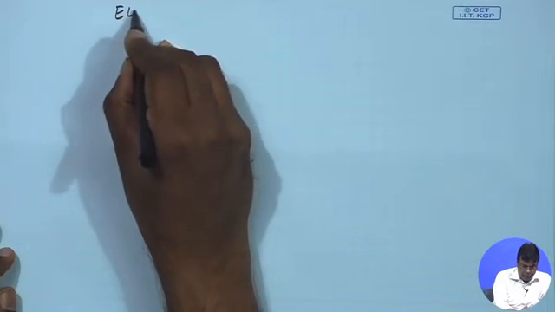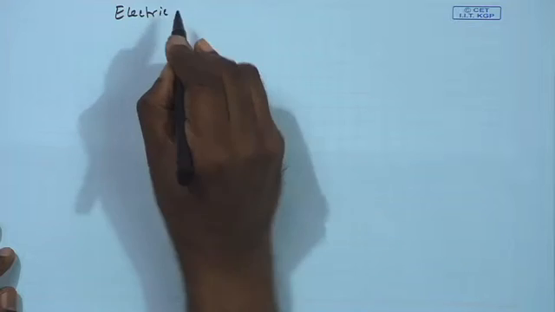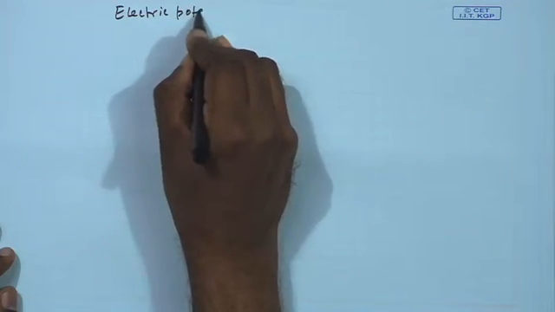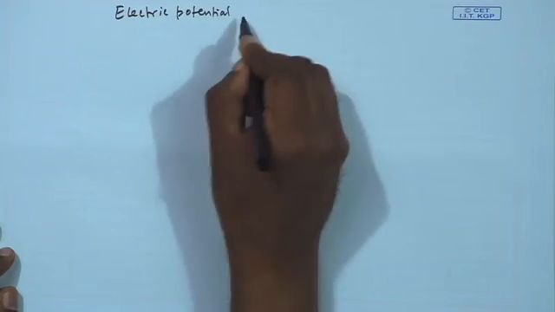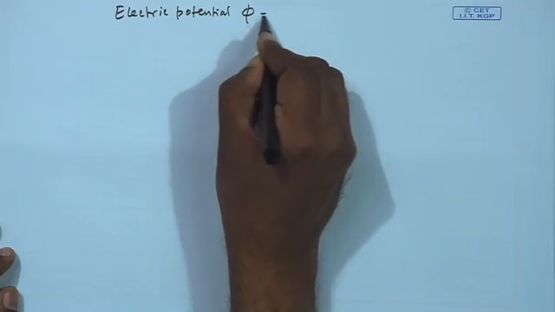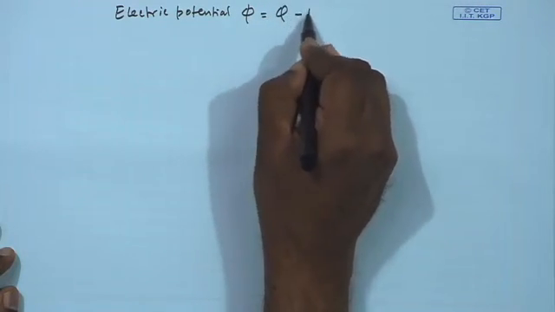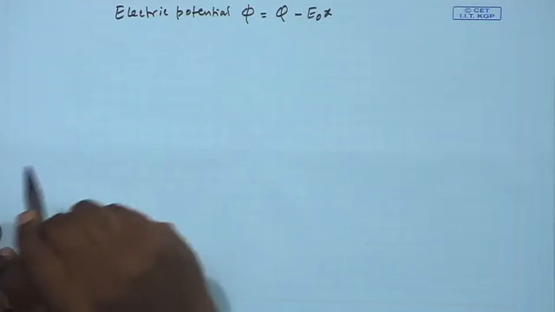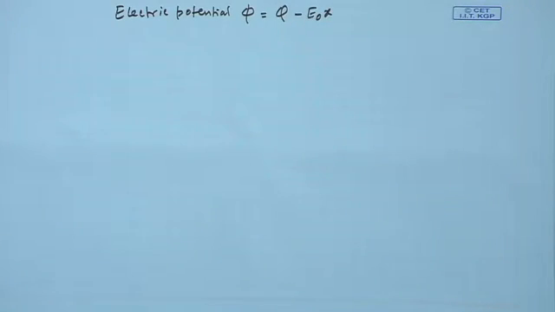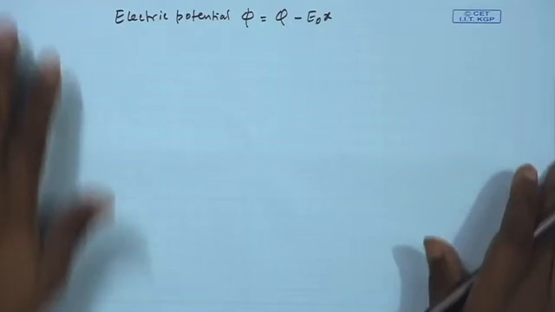Now the electric potential equation, phi, is phi minus E0x. Already we have written over there.